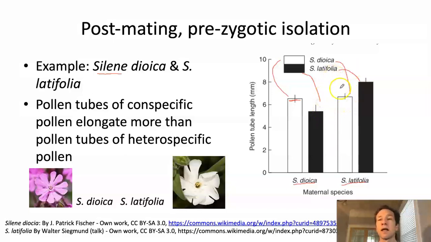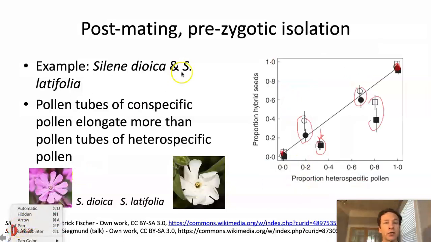What this means is that if a pollinator arrives with a mix of both pollen types, the pollen from the own species is going to be able to grow pollen tubes faster and hence achieve fertilization more quickly than pollen from the other species. This means that the number of hybrids will be reduced compared to if all pollen elongated pollen tubes at similar rates.